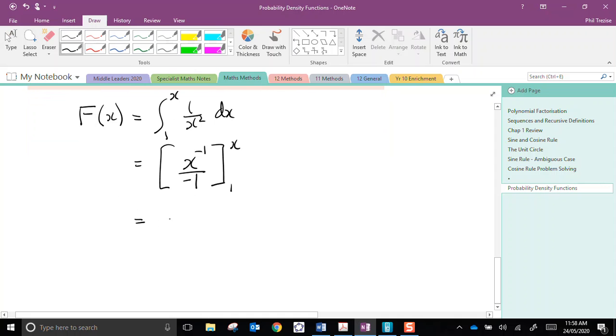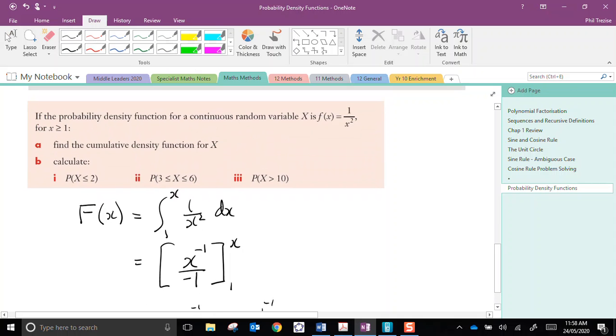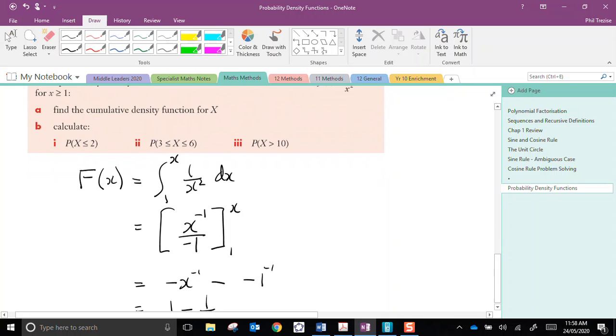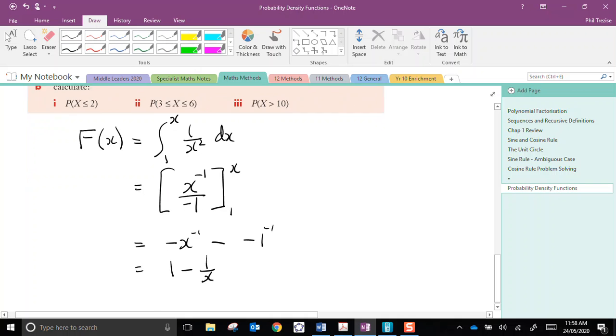Substituting, I get negative x to the minus 1 minus negative 1 to the minus 1. So that's really just positive 1 minus 1 over x. That's my primitive function for that 1 over x squared function.